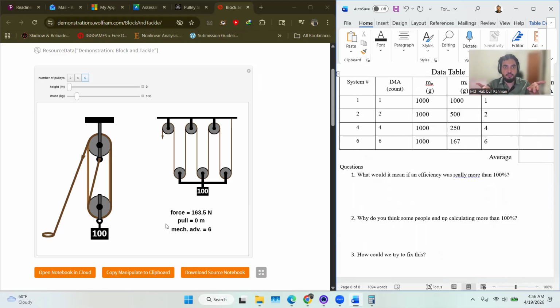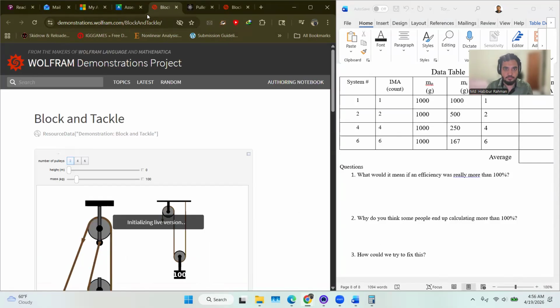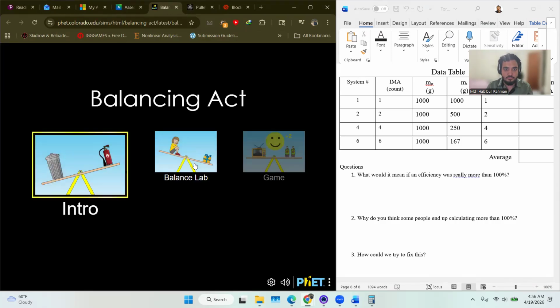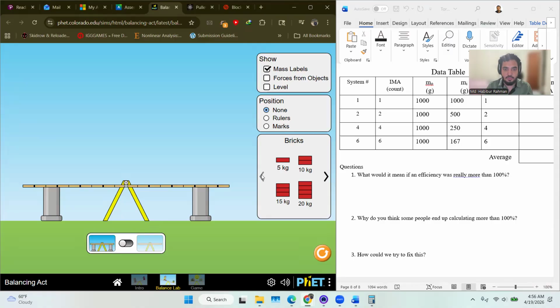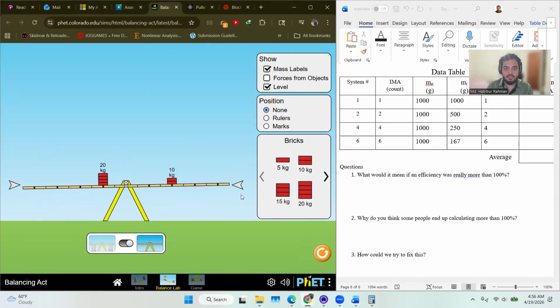They're supposed to be balanced, like the earlier lab I showed you. So they're level. They're supposed to be level. They are not moving.